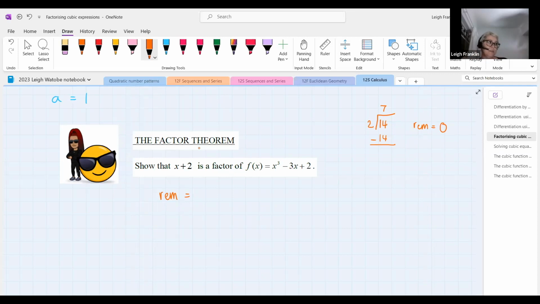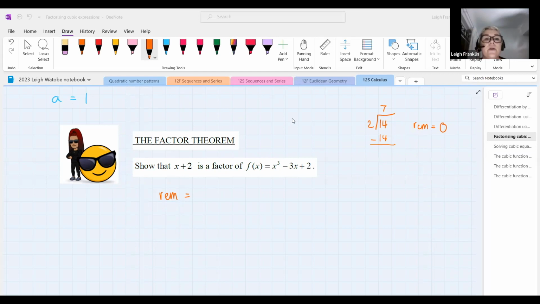If it isn't 0, then the linear polynomial is not a factor. If it is 0, then the linear polynomial is a factor. Does that make sense? Thumbs up, thumbs down. Are we all okay with what I'm... Cool.